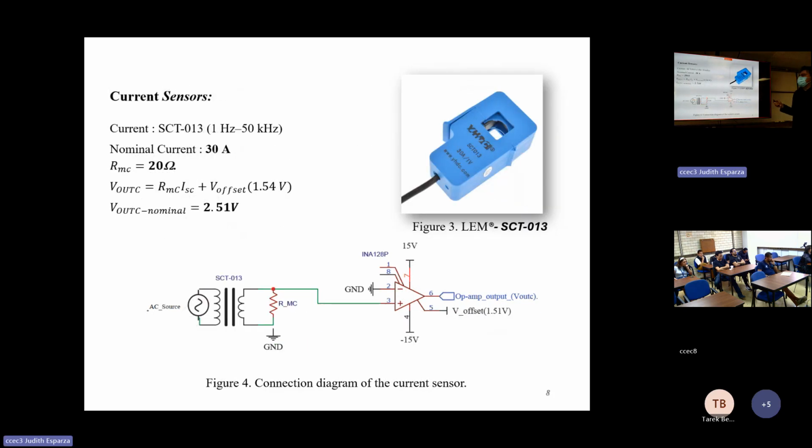And the current sensor is this one. The nominal current is 13 amperes.